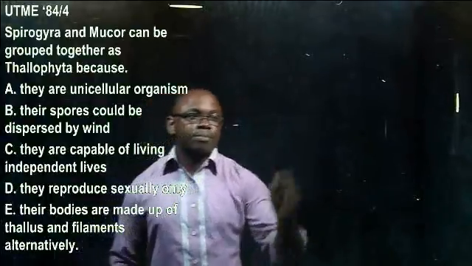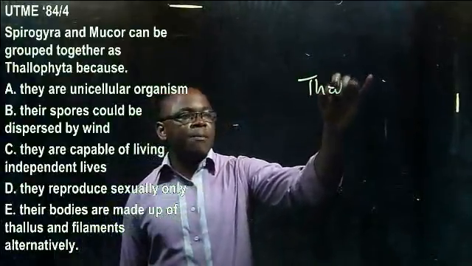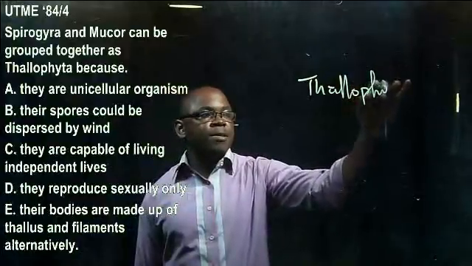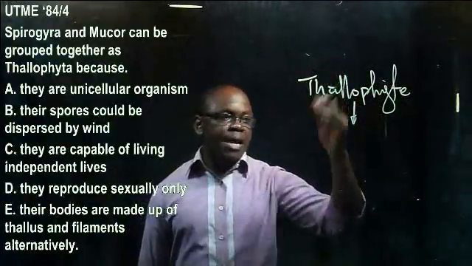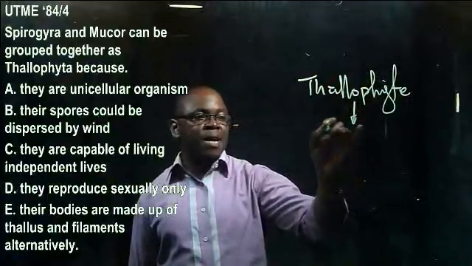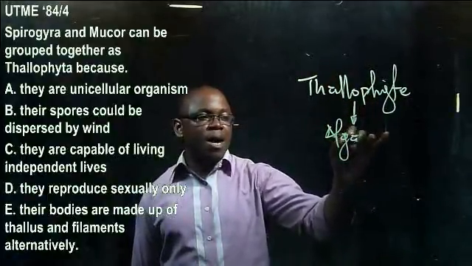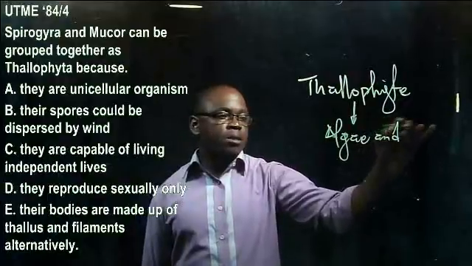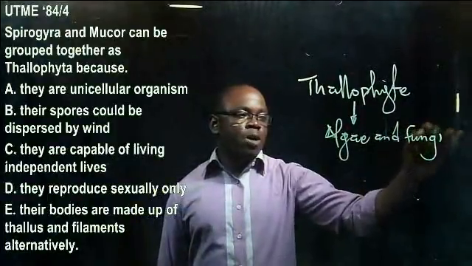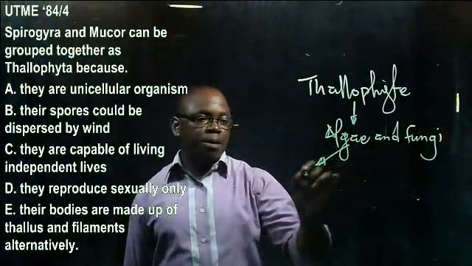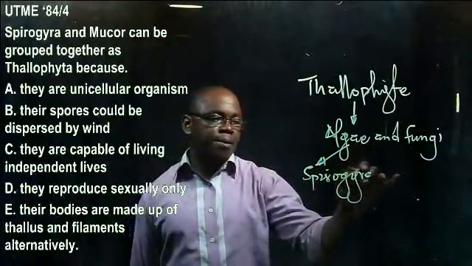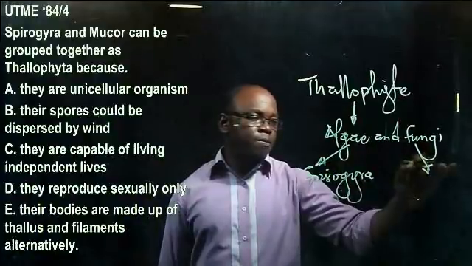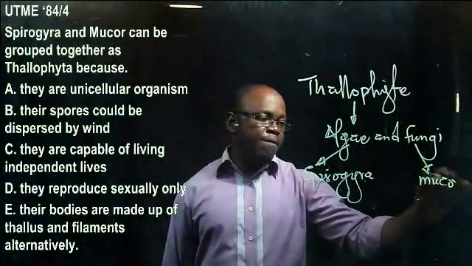Basically, the term thallophyte, we need to get this clearly. The term thallophyte was used long ago to classify an association between algae and fungi. So Spirogyra is a green alga, and mucor is a fungus.